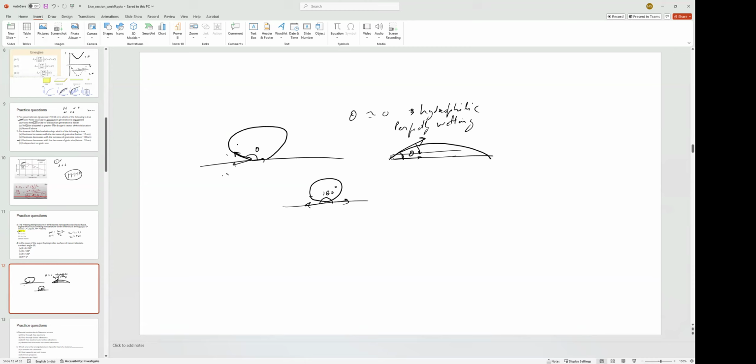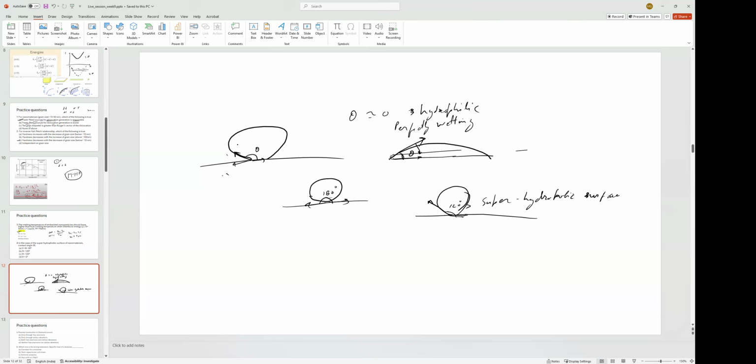I don't think in practice you can get 180 degrees, but angles greater than 120 degrees are your superhydrophobic, phobic surfaces.